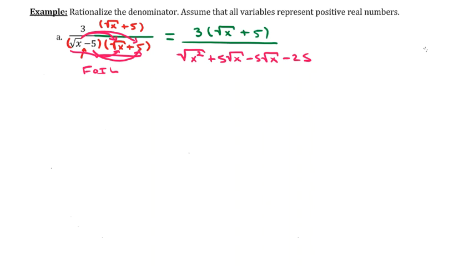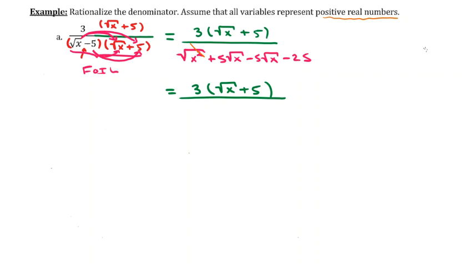All right, so I'll go ahead and start another line of math here with the numerator, 3 quantity radical x plus 5. And in the denominator, we have the square root of x squared. So we know that the square root will cancel out the power of 2. Now, because it says assume all variables represent positive real numbers, we do not have to worry about the absolute values.